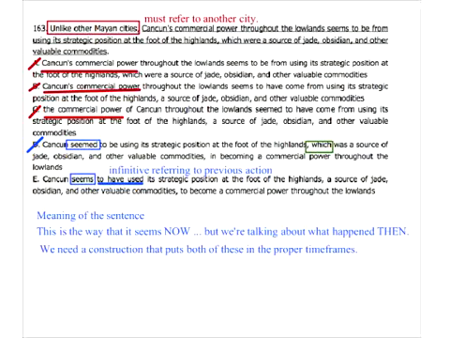Yeah, exactly. Like this modifier, the highlands were. This modifier needs to be talking about the highlands themselves, because the green modifier needs to recognize the highlands themselves, not the strategic position.